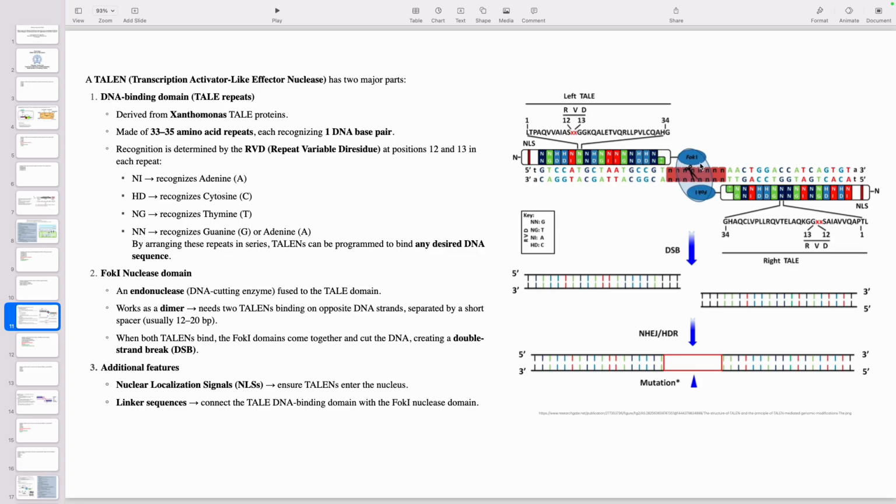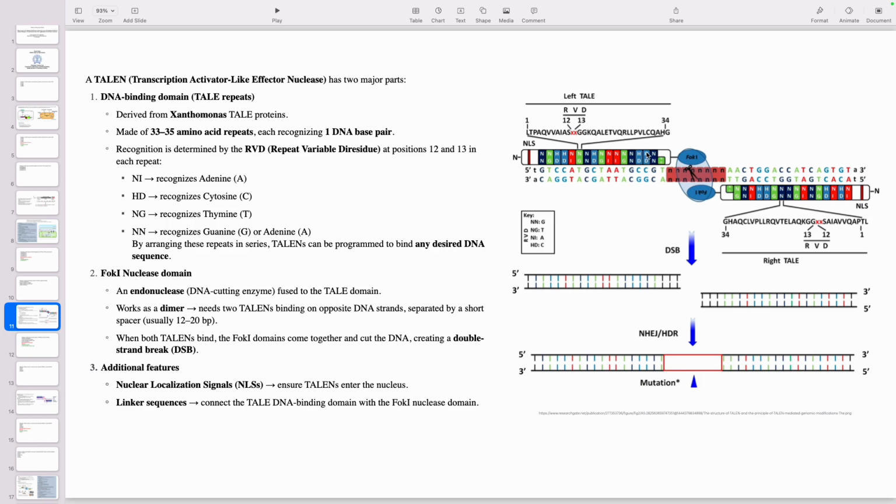Each TAL protein is fused with FOK1, and upon dimerization, FOK1 acts as a dimer.